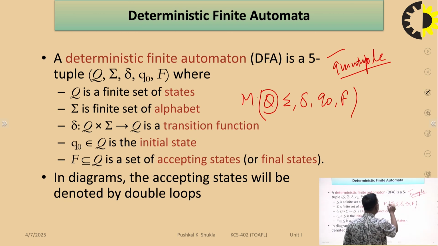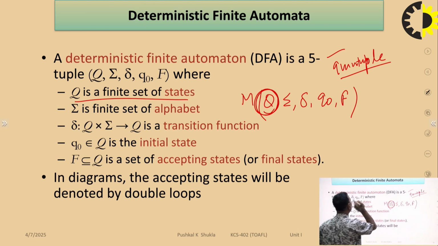Q is a finite set of states. Sigma is a finite set of input alphabets.